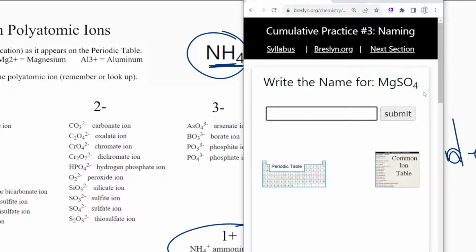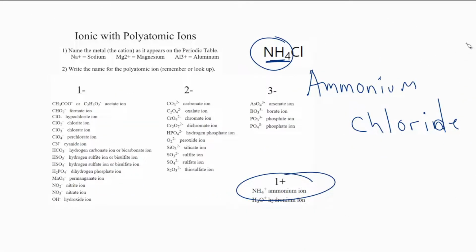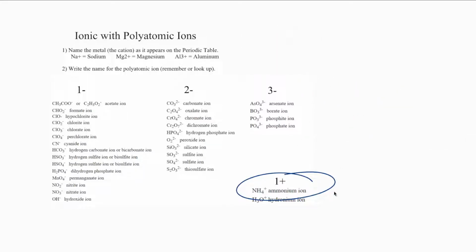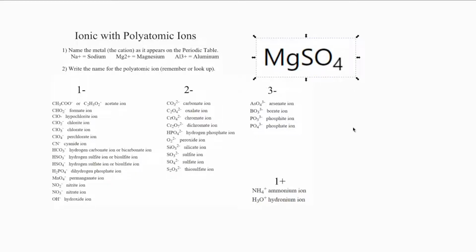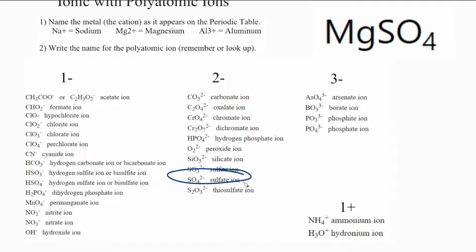See if you get this one. So this is another one with polyatomic ions. Let me put it right up here for you. And if there's one polyatomic ion you see all the time, it's going to be SO4, the sulfate ion.